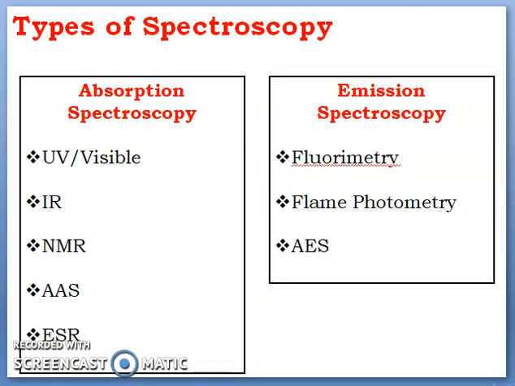Based on this, we have examples of absorption spectroscopy and emission spectroscopy. UV visible, infrared, nuclear magnetic resonance, atomic absorption spectroscopy, etc. are examples of absorption spectroscopy, whereas fluorimetry, flame photometry, atomic emission spectroscopy are examples of emission spectroscopy.